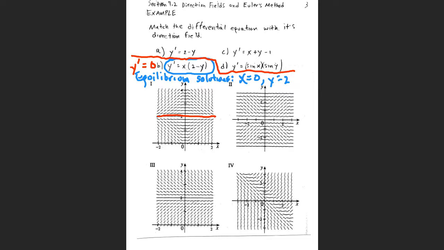So when y equals 2, flat slopes. When x equals 0, which is the vertical line, the y-axis, do you also see flat slopes there? Are the slopes flat at every point whose x-coordinate is 0? Do they appear flat?